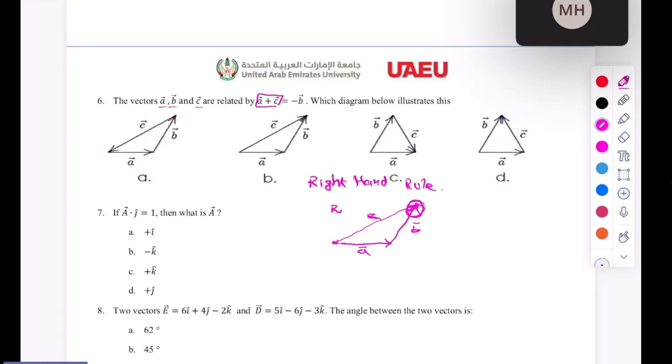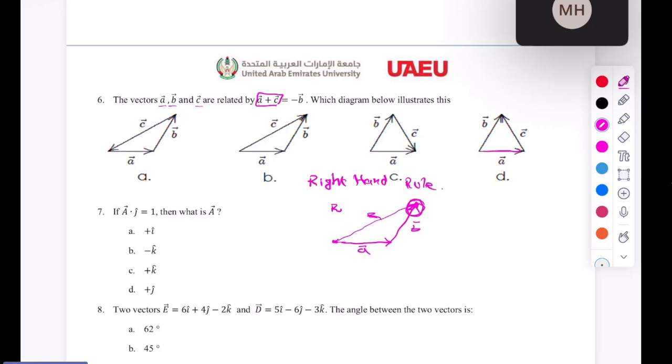So A plus C: vector A head, then the tail, and then head with head, you get the head to tail rule. You need to apply the head to tail rule to get these kinds of questions.